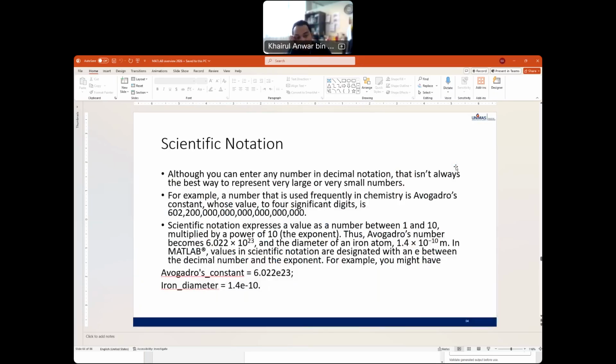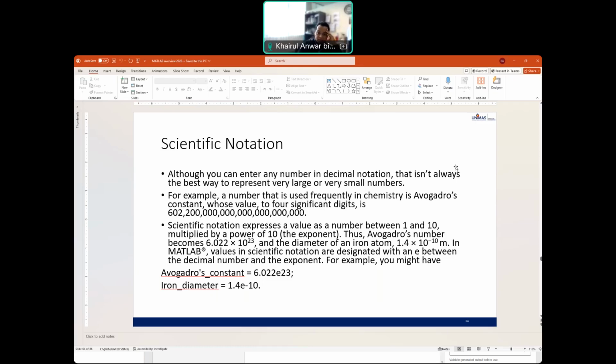Number display. Although you can enter any number in decimal notation, that isn't always the best way to present very large or very small numbers. For example, a value that is used frequently in chemistry is the Avogadro constant, whose value to four significant digits is 6.022 followed by 23 zeros after the decimal point.